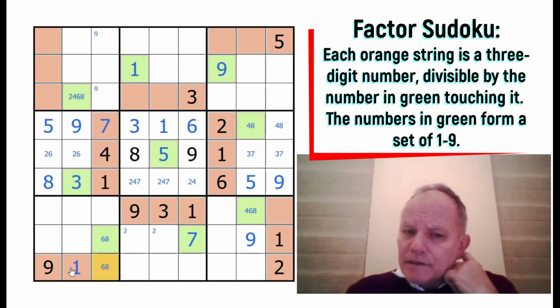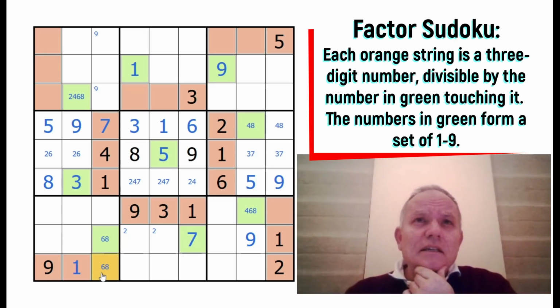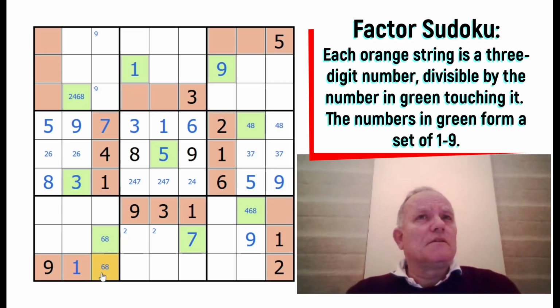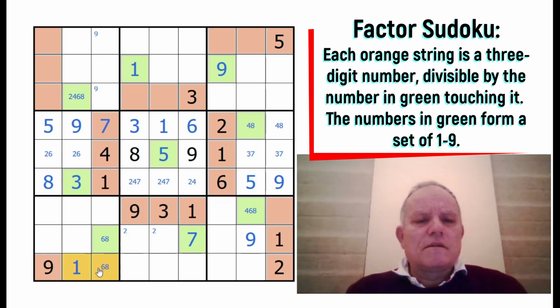So either 8 goes into 916, which it doesn't do, because for 8 to go into a number, it must go into the number after an even number of hundreds.